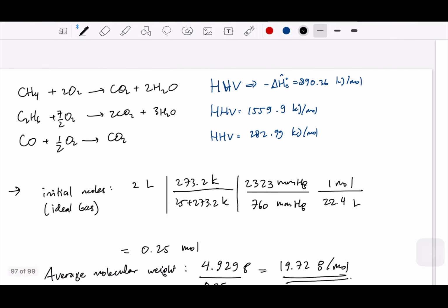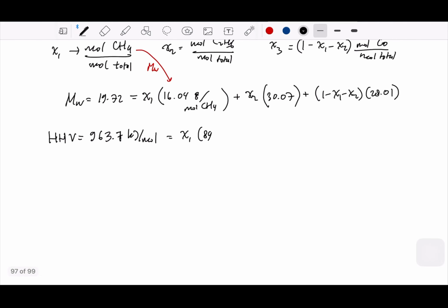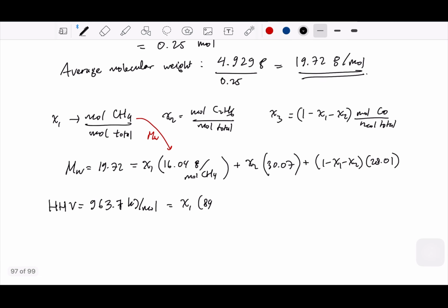We take all the information from the first one, the higher heating value. We take through these calculations. So we have two equations that you need to solve.